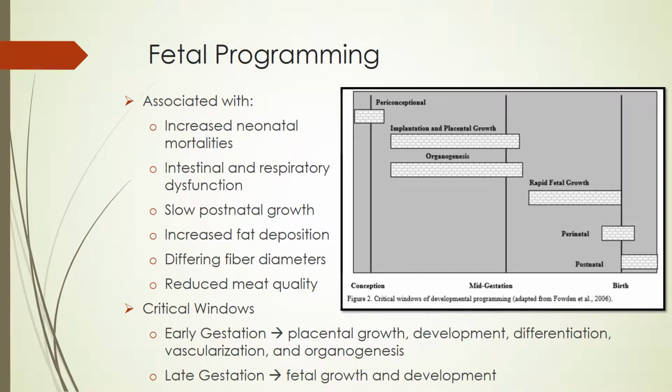During early gestation, nutrient partitioning is focused on placental growth and vascularization, development of the vital organs, and differentiation of stem cells. Nutrient restriction during this time is more likely going to compromise function rather than growth. As gestation progresses, nutrient partitioning shifts its focus from development of vital tissues to growth of carcass tissues, such as fat and muscle.